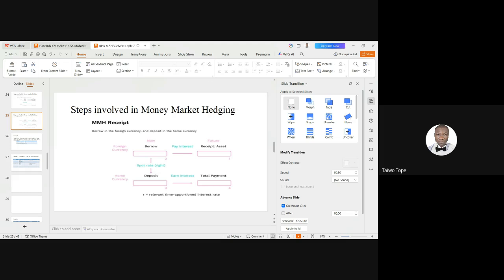This amount you are going to borrow now, it will accumulate some interest that will equal what you are expected to receive in the next 3 months, 6 months, 8 months, depending on what the question is saying. So the amount you borrow in your foreign currency, because you are not there, you need to make a deposit in your own home currency.